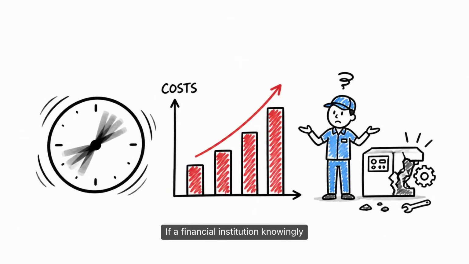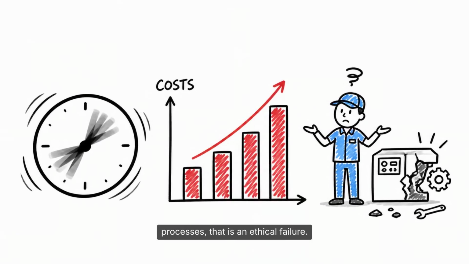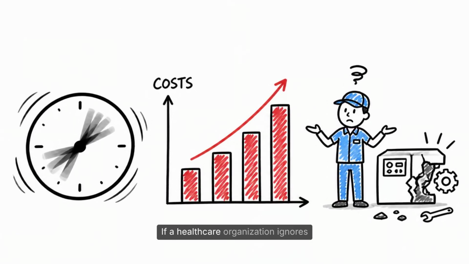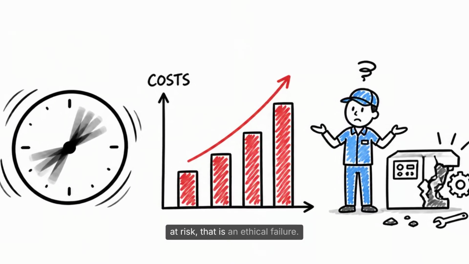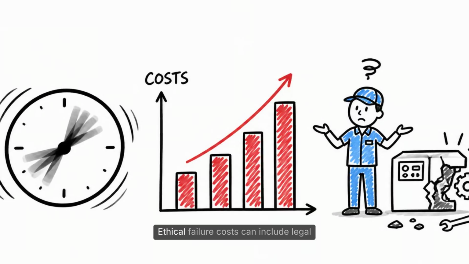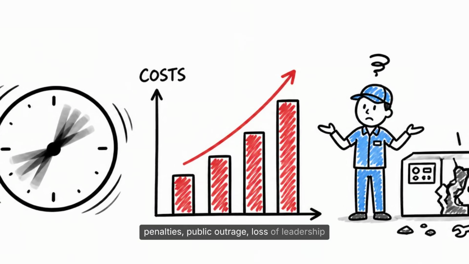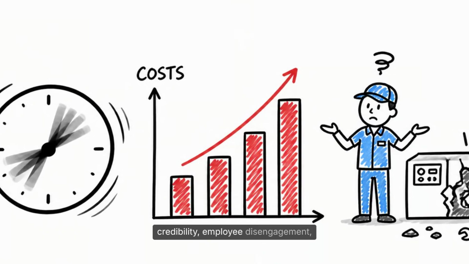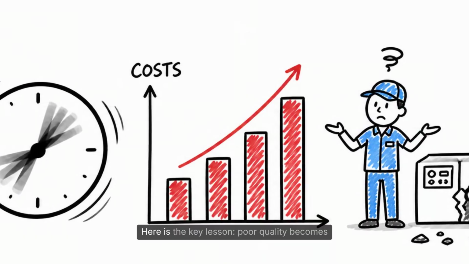If a financial institution knowingly misleads customers through confusing processes, that is an ethical failure. If a healthcare organization ignores process defects that put patients at risk, that is an ethical failure. Ethical failure costs can include legal penalties, public outrage, loss of leadership credibility, employee disengagement, and long-term reputational collapse.